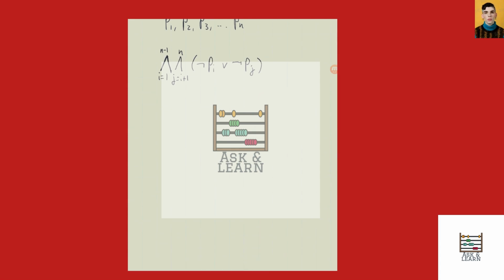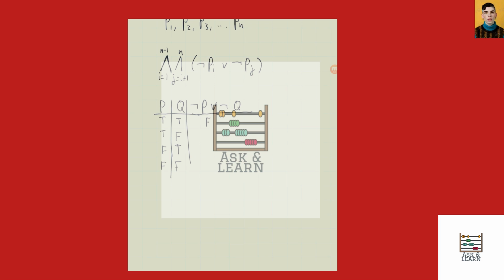Now, the first thing that I want to do here is take a look at a truth table for this sort of expression. So we have two propositions, P and Q, and then we'll look at the statement not P or not Q. Like we usually do with our truth tables, we have true, true, true, false, false, true, and false, false. If we have not P or not Q, then true, true goes to false.